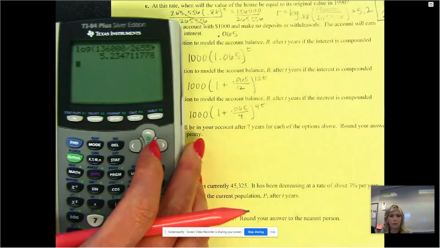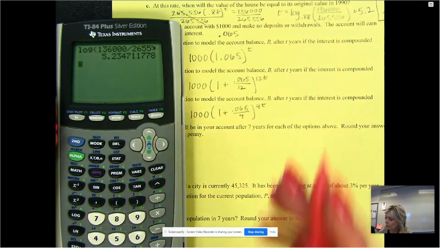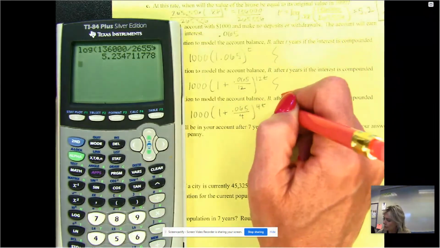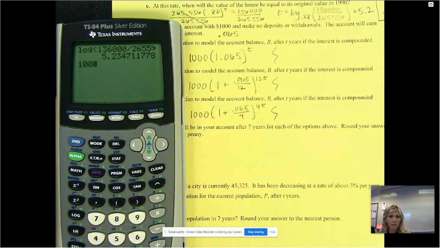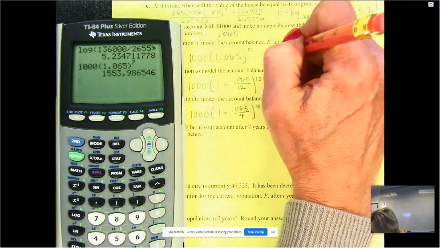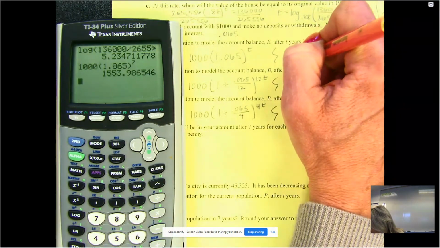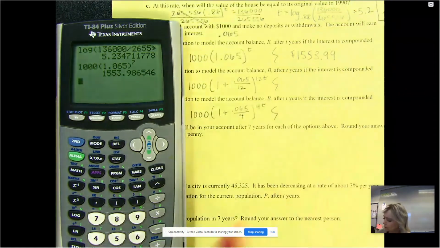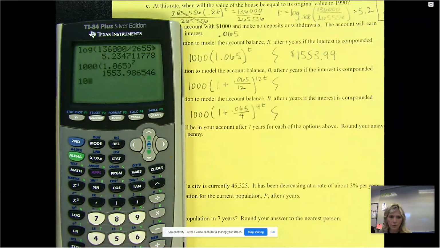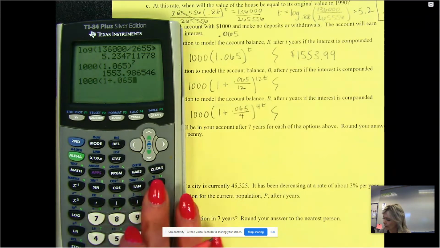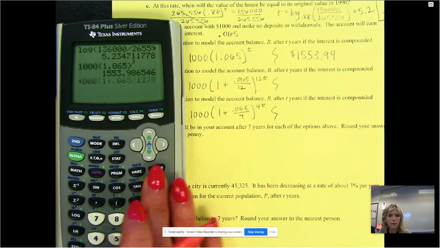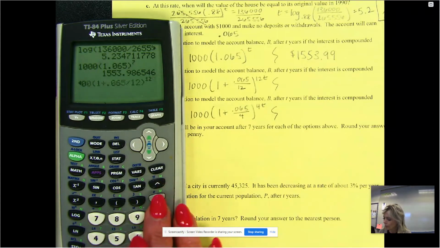Okay, so for the first one, I'm just going to do a little squiggle after each one. 1,000 times 1.065 to the 7th. $1,553.99. Okay, the next one, 1,000 times 1 plus 0.065 divided by 12. And then our exponent is 12 times 7.